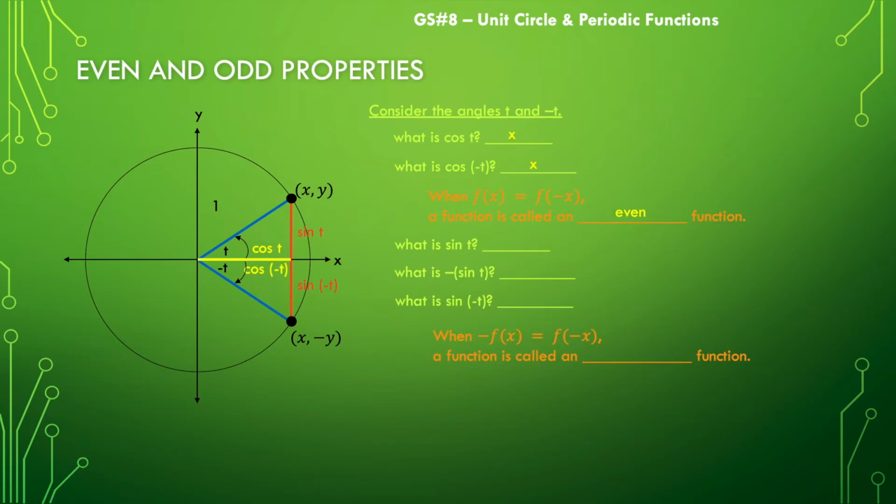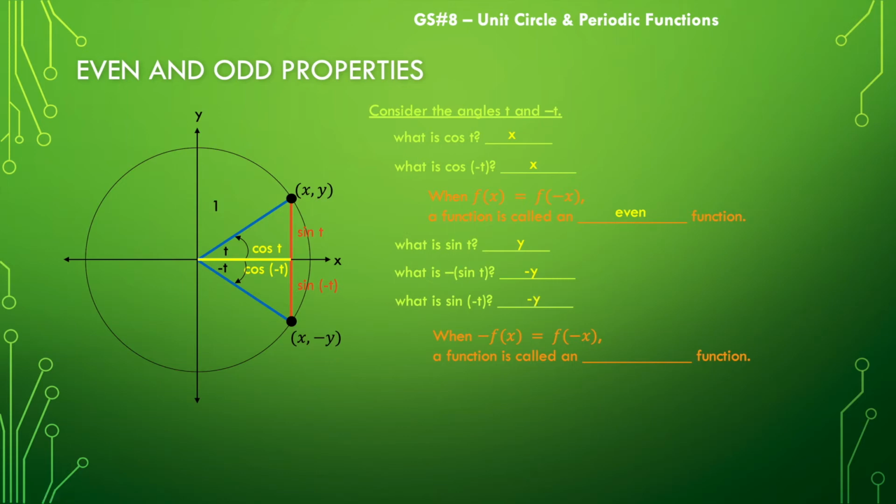So let's think about sine for a second. Let's look at that angle in the first quadrant first, and then the sine of t is going to be just y. And if I want the negative sine of t, I'm just going to put a negative in front of that y. And then if I'm looking at the sine of negative t, that's going to be this y value, which is negative y.